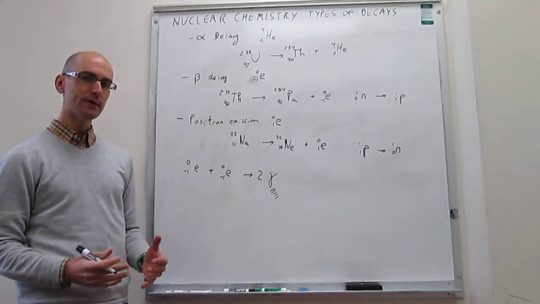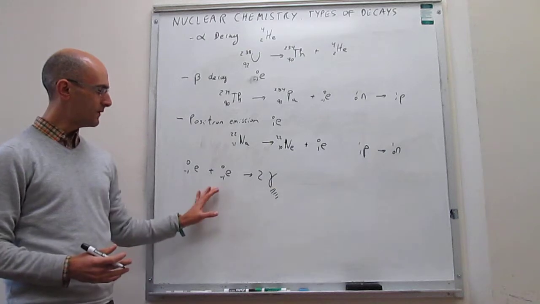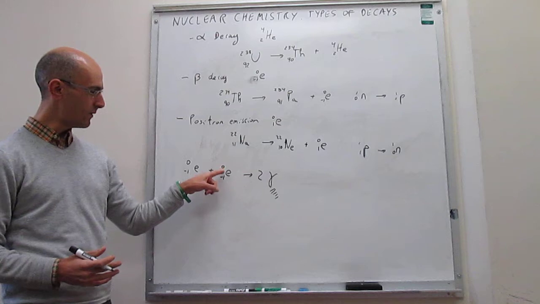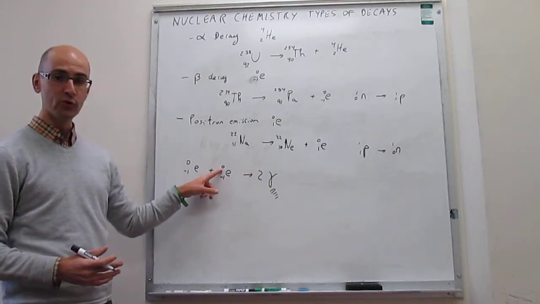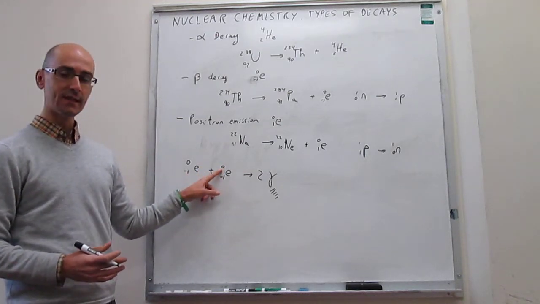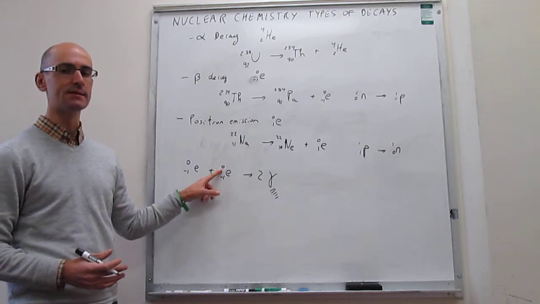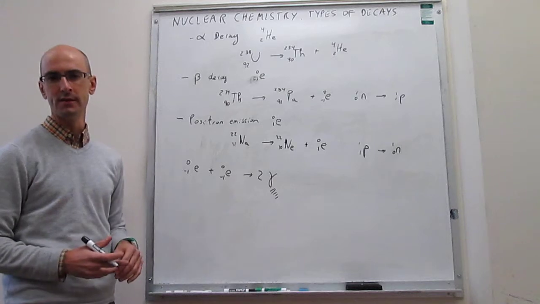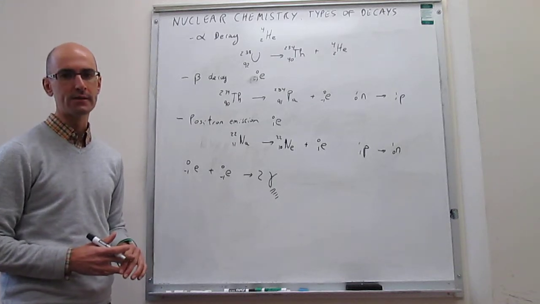Now, this is extremely interesting because this shows you the transformation of massed particles. Even though we have particles that do not contribute to the mass number, they still have some mass. It's just that the mass is much smaller than that of a proton or a neutron. The mass of an electron is about 1,800 times smaller than the mass of a proton.